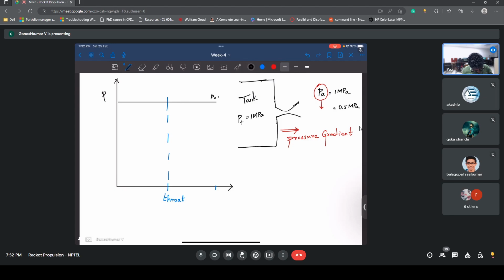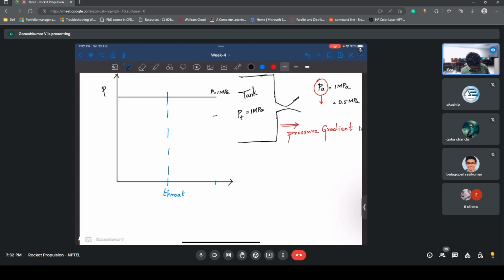This is p equal to 1 megapascal. Initially I am in this state, and then I reduce the exit pressure to 0.8 megapascal.